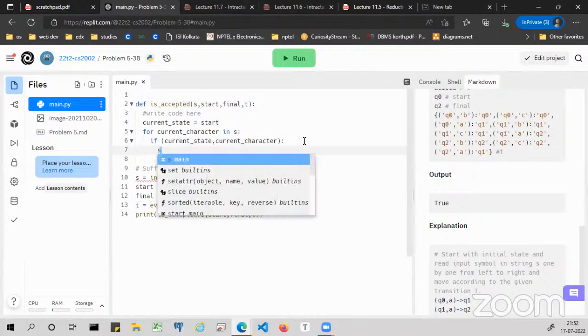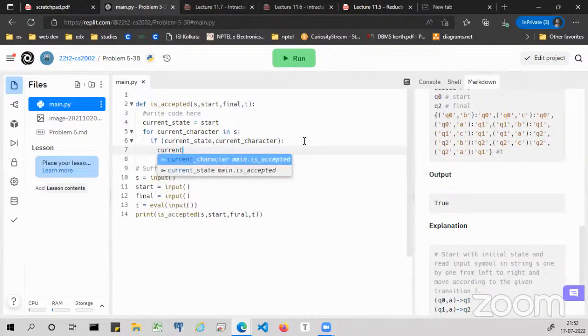We would write current state equal to the transition value, right? So T, the value is given by this one.